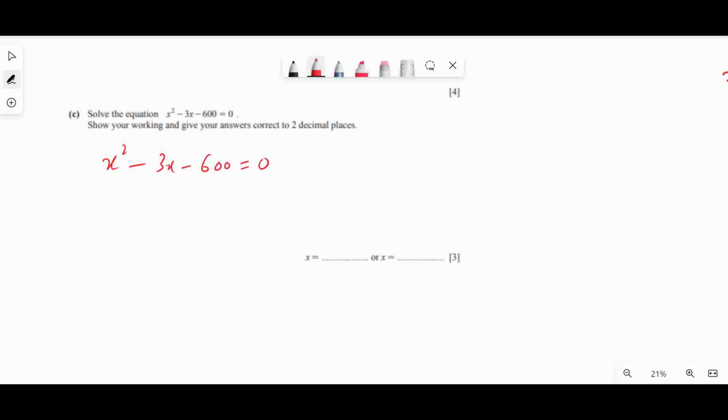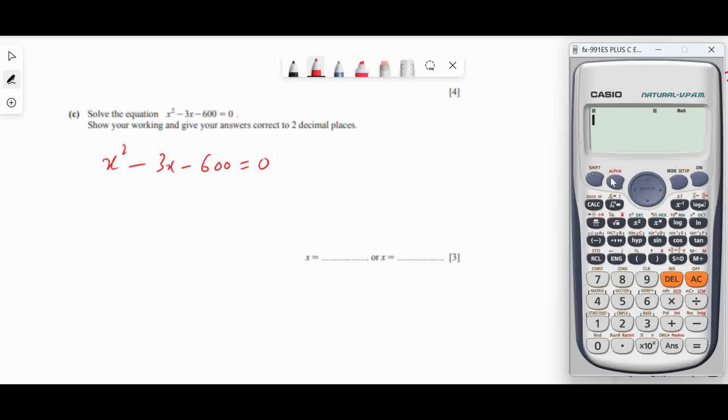So this will be equal to, now shift mode 5, 3, a is 1, b is negative 3, and c is negative 600.